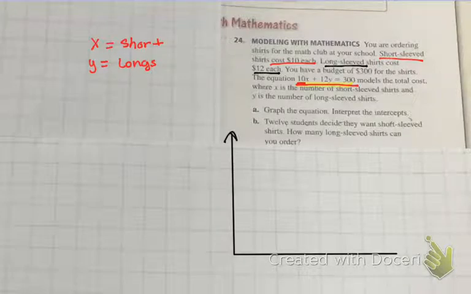So, we said x represents what? Short sleeve shirts. These are short, and this is long.